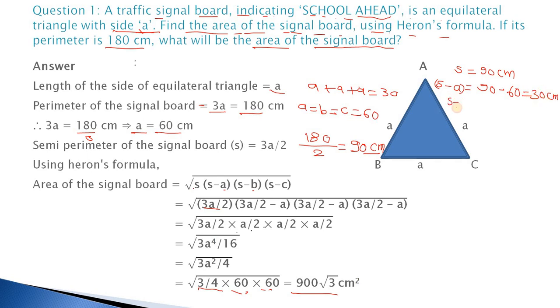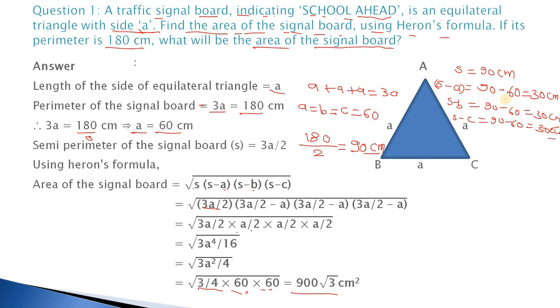Similarly, s minus b is 90 minus 60 which is 30 cm, and s minus c is 90 minus 60, 30 cm.